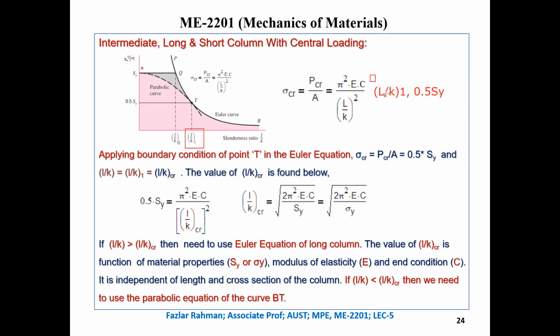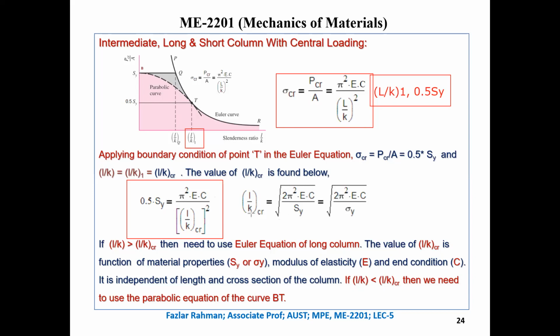So when this value is substituted in this equation, instead of L by K1, we can say L by K critical. So 0.5 SY equal to pi square E over L by K critical whole square. Then figure out L by K. So L by K equal to root over this much.